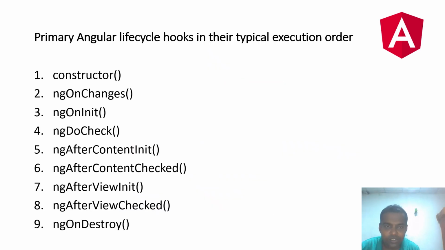And now we are going to learn what the major life cycle hooks in Angular are. First one is constructor. Second one is ngOnChanges. Third one, ngOnInit. Fourth one, ngDoCheck.